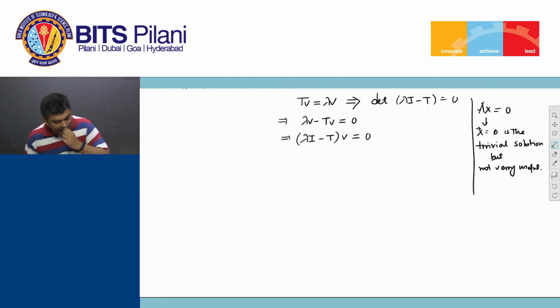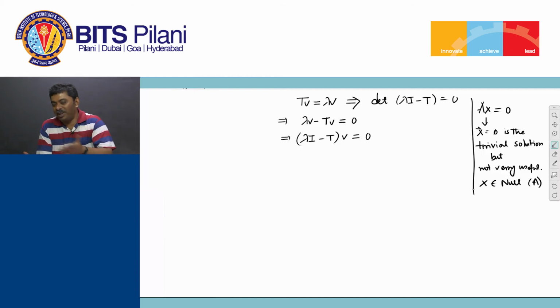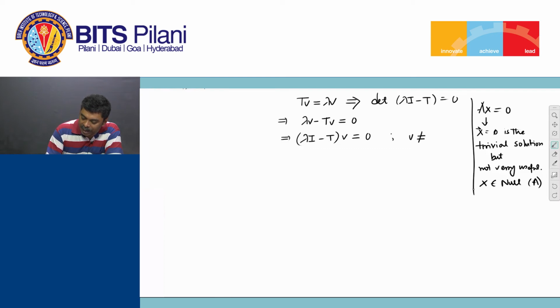In other words, x is in the null space of A, but it's a zero vector. Everybody knows the null space will contain the zero vector because the null space is a subspace of the vector space. But I want to know whether any other non-zero vector is also contained in the null space of A, the null space of the matrix or the linear transformation. So it goes without saying that I assume v to be a non-zero vector.